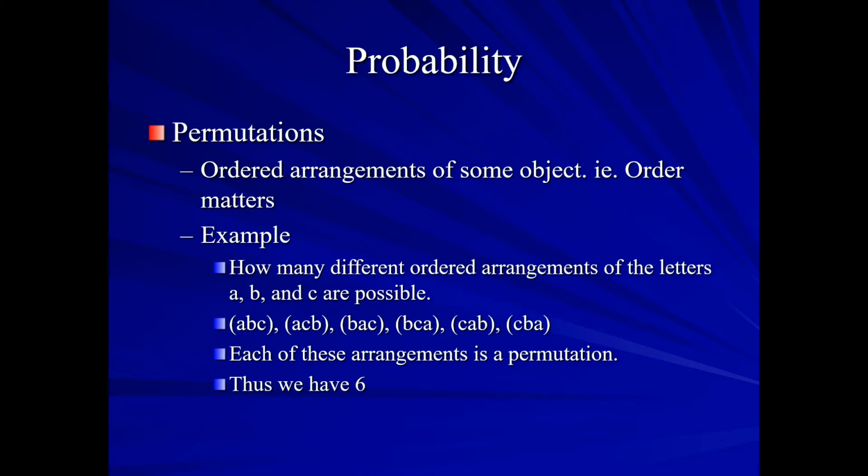Each of these arrangements is a permutation. So here I've got my original, which is ABC, but this can be considered a permutation. Now, if I rearrange the letters to ACB, this is a permutation. So there are 6 ordered arrangements. I can permute these letters 6 ways.